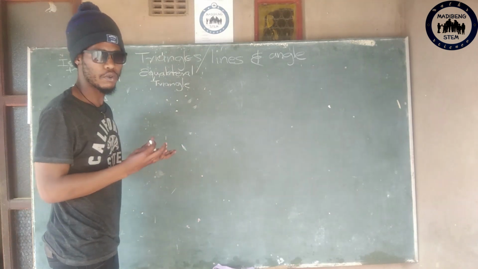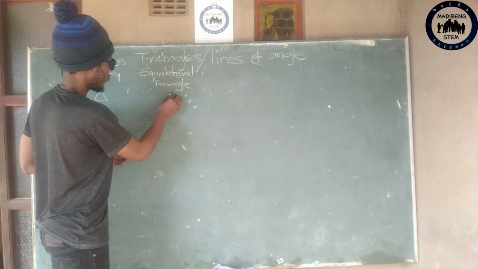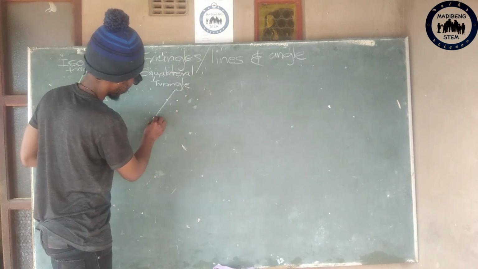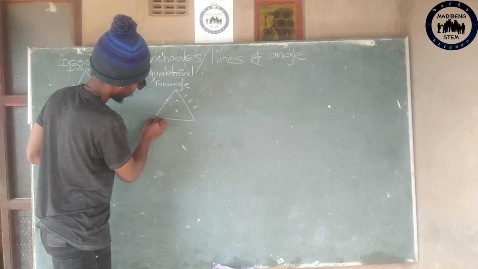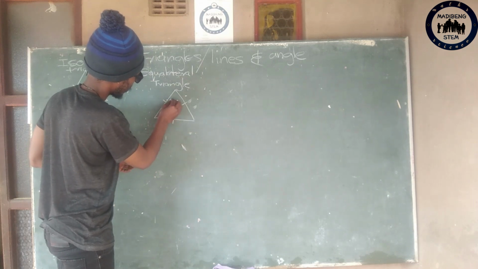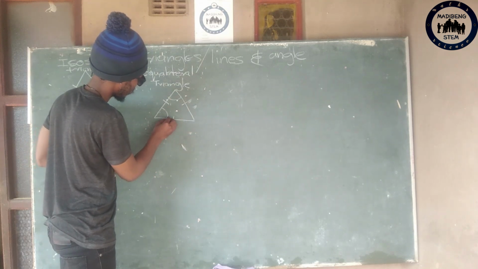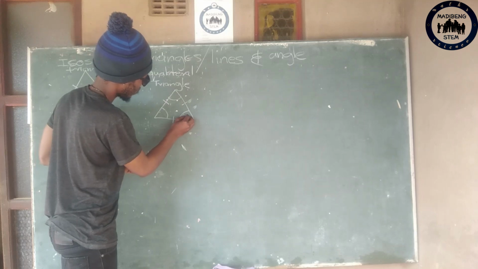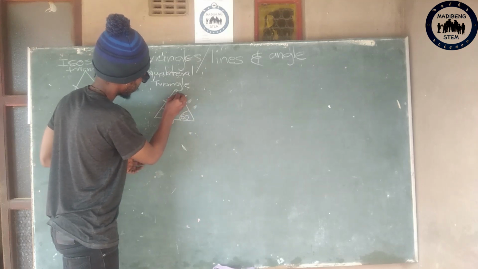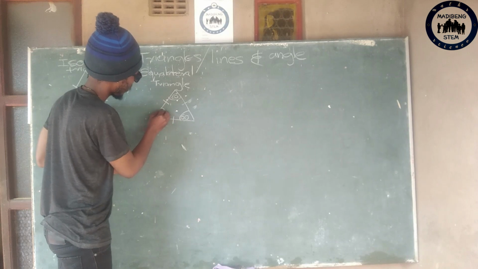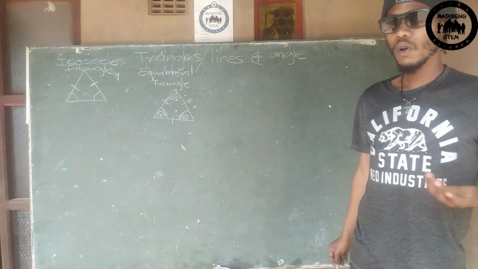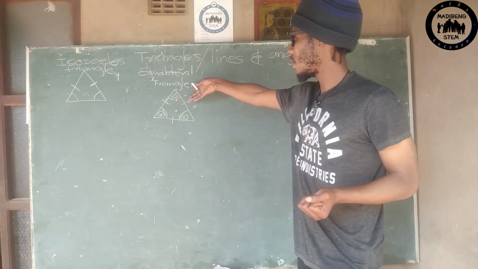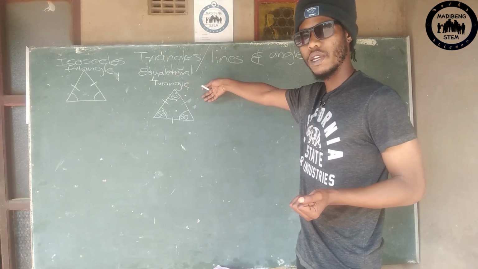All the sides are congruent to each other. All the angles are equal and also the sides are equal. This is the equilateral triangle.